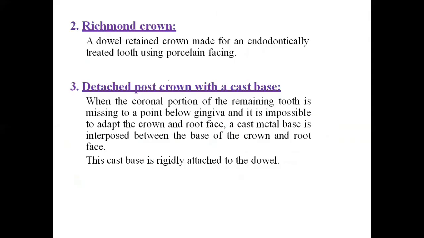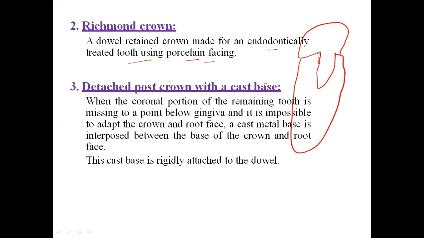Then there is a Richmond crown, which is a dowel retained crown made for an endodontically treated tooth using porcelain facing. Like we are placing a post and we have to make the whole of the crown as one unit, and we have to place it in the tooth.